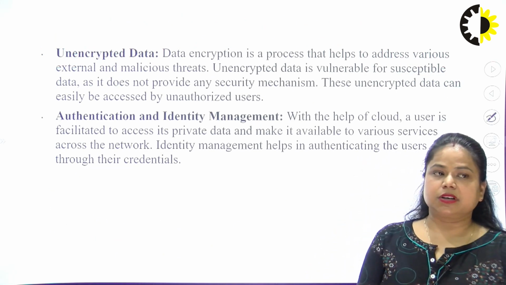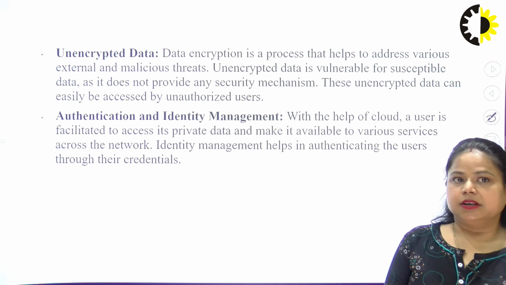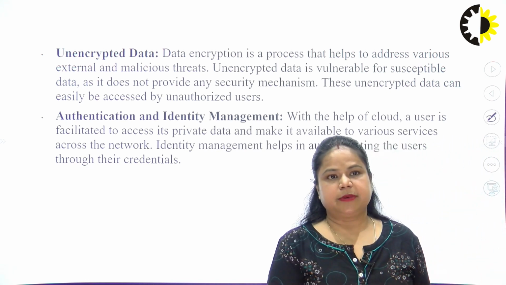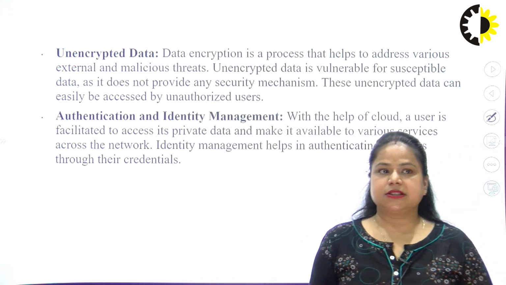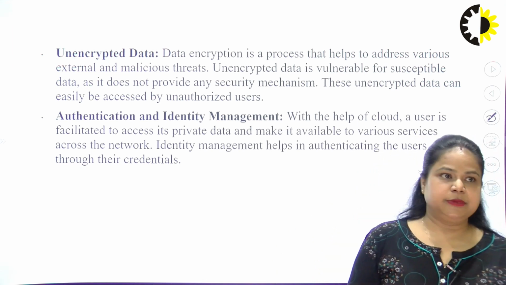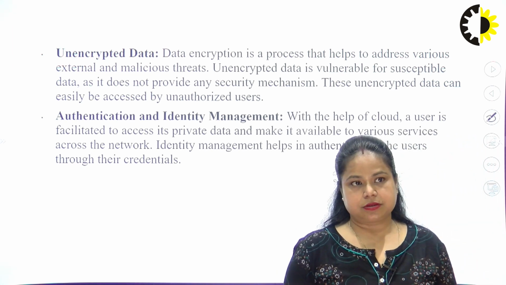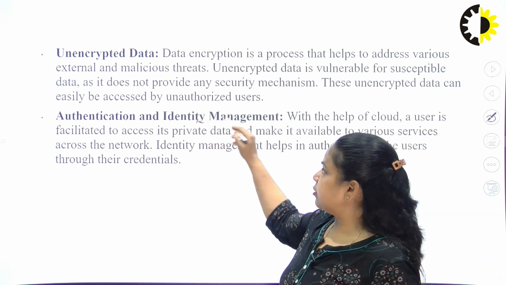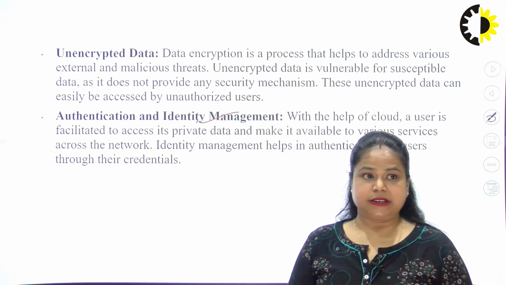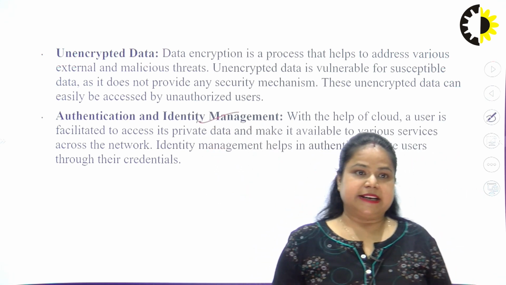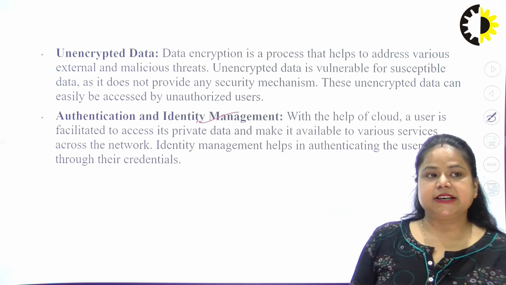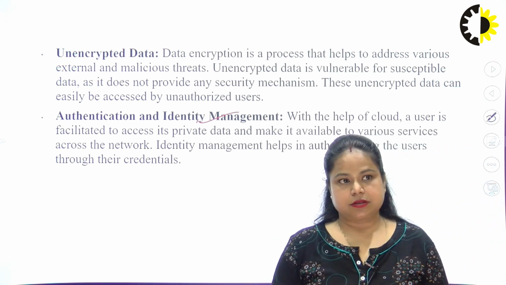The next is encrypted data. Suppose we are exchanging data between two systems and it is in an encrypted form. It can still be accessed by unauthorized users. The next is authentication and identity management. Identity management helps in authenticating the users through their credentials, right?